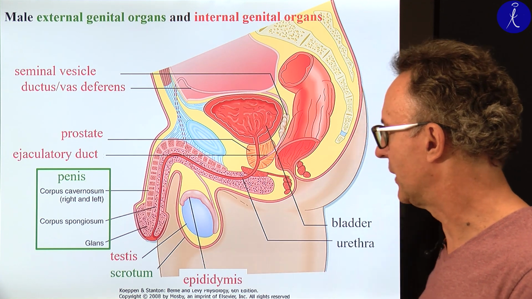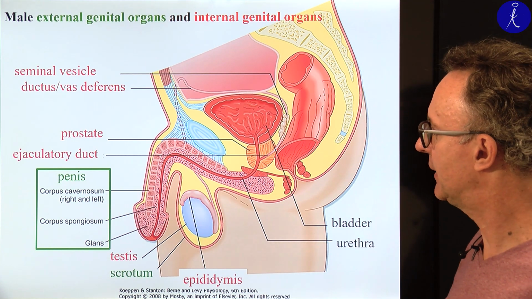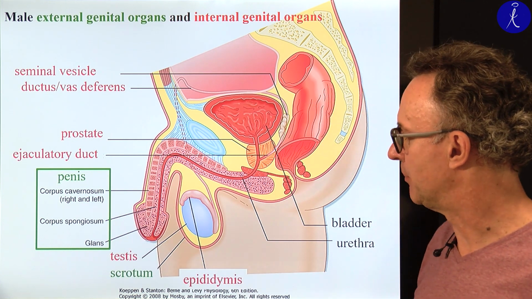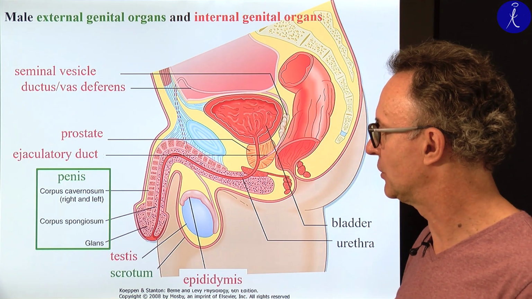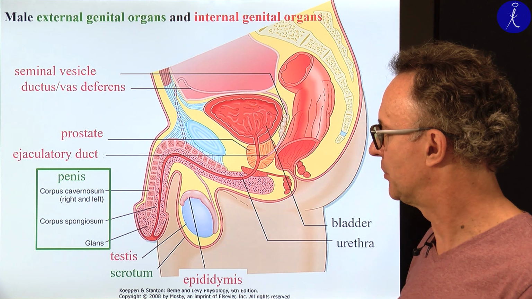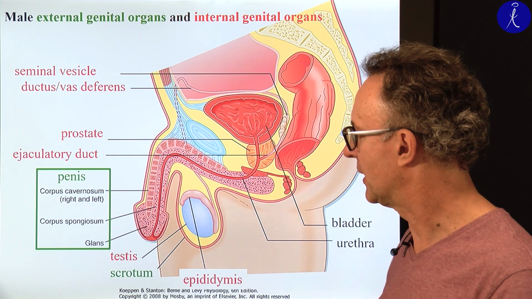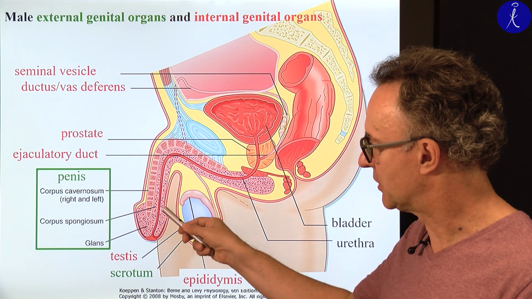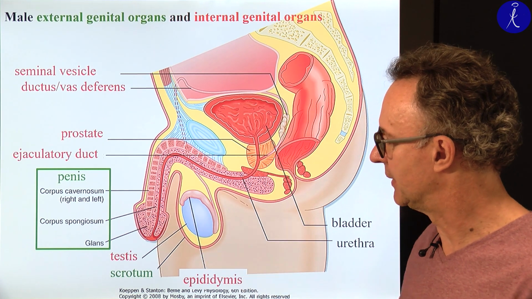The penis is in green because it belongs to the external genitalia, having three big erectile bodies, two corpus cavernosum and one corpus spongiosum. This is where the urethra runs, and this, the corpus spongiosum, enlarges at the end as glans penis.